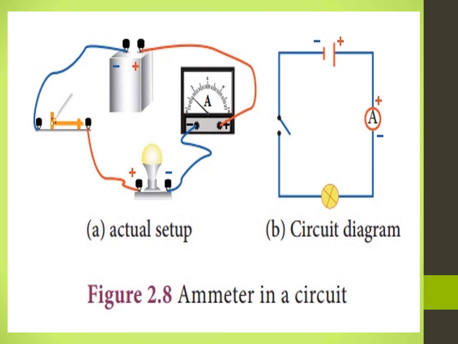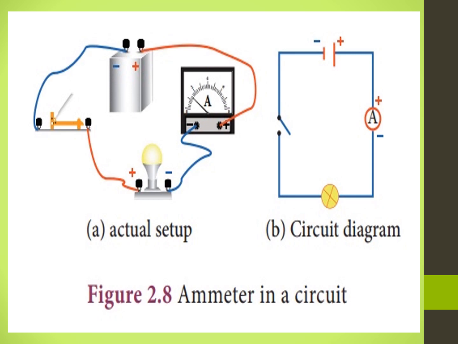What is the formula of ampere? 1 ampere is equal to 1 coulomb by 1 second. A is equal to 1 C by 1 S.